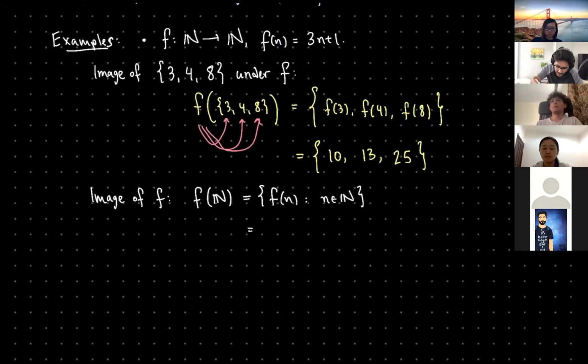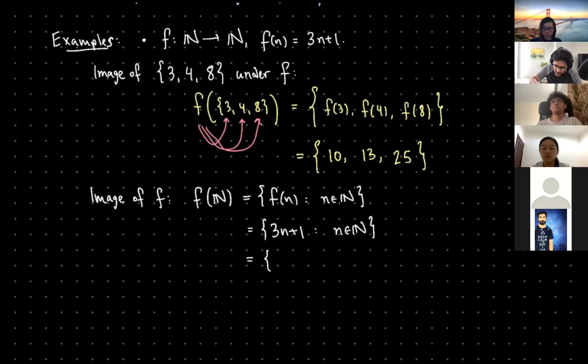I can just write that as the set of 3n plus 1s, because that's the definition of f, as n ranges through the natural numbers. At this point, it's just an infinite set. Either I can leave it like this in set builder notation, since there's not really many ways I can simplify it, or I can try to write out some of the elements.